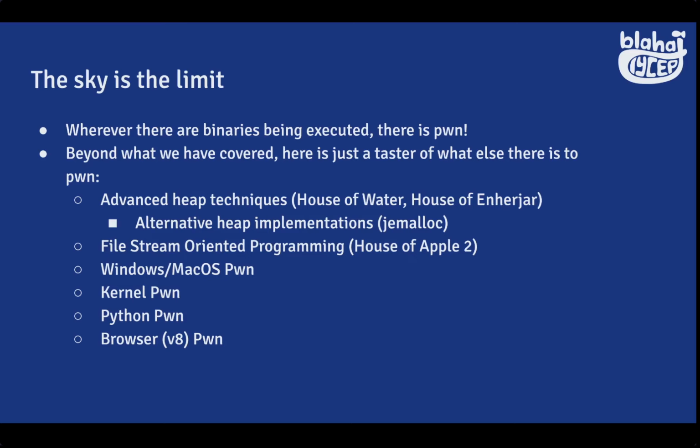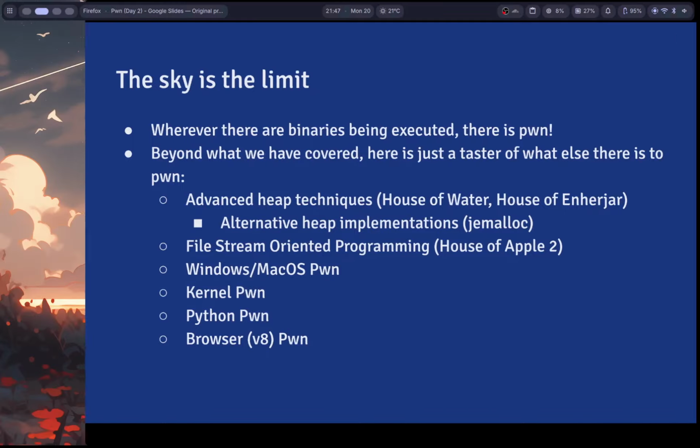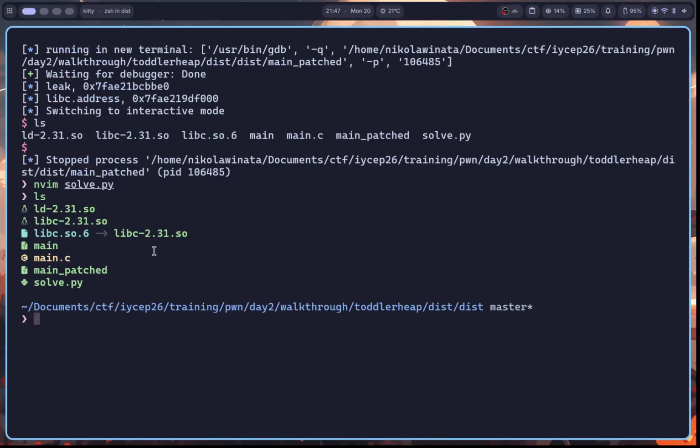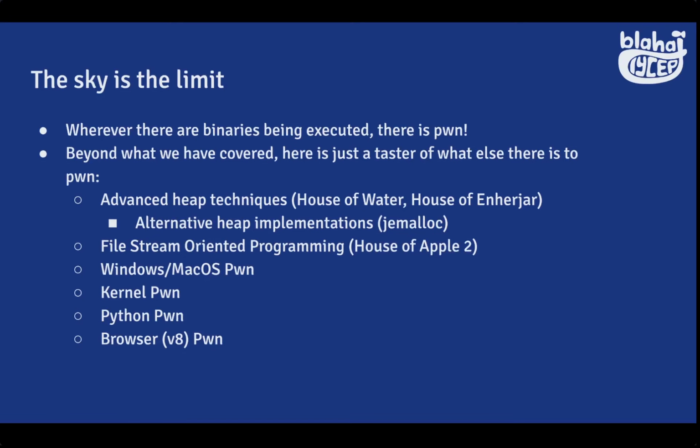Now, a few other types of pwn could be something like kernel pwn, which is basically instead of exploiting a small executable like this one, you actually exploit the whole system that the computer is built on. This is what we call the kernel, right? And this can let you do some crazy things.